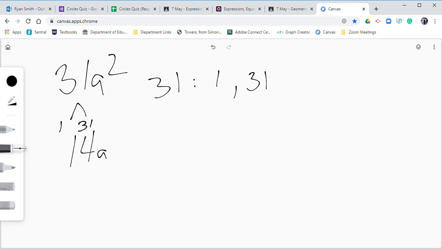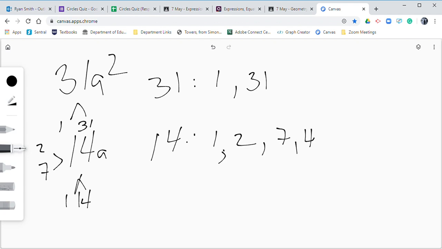For 14, I've got 1 and 14. I've got 2 and 7, and I can't think of many more after that. So 1, 2, 7, and 14. The highest common factor is 1, so we can't divide anything out of these.